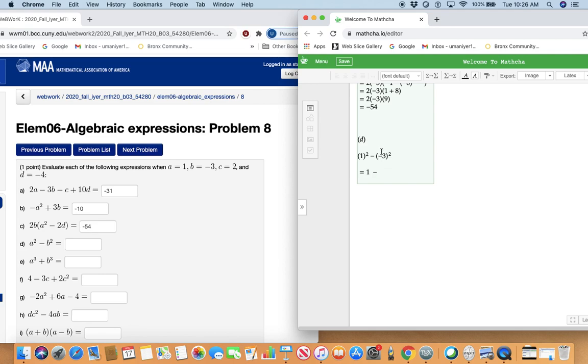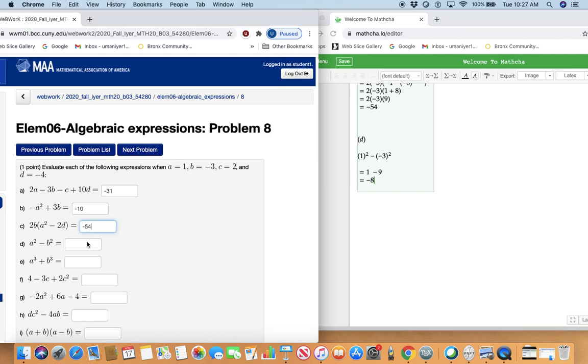Notice that negative power 2 makes it positive and 3 power 2 is 9. So this minus is here. That minus got squared and became positive. 1 minus 9. Well, 9 has bigger magnitude, so negative 8.